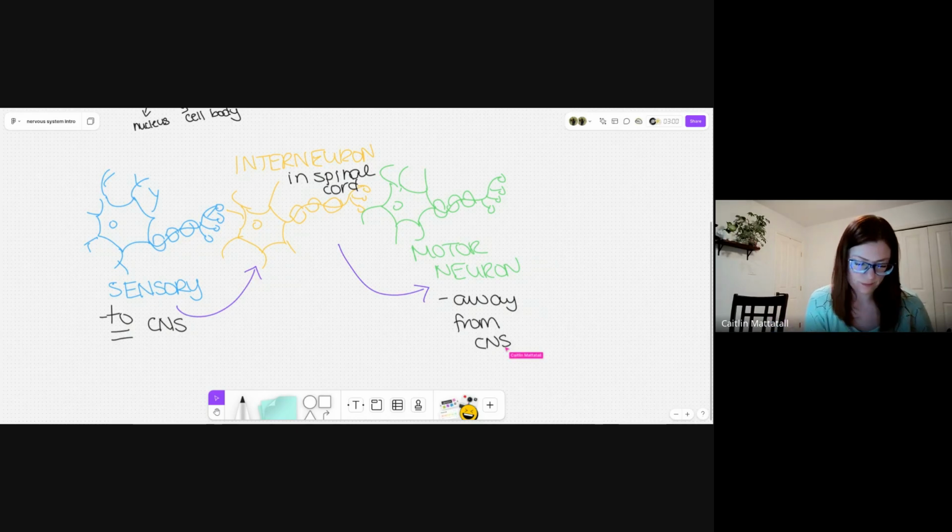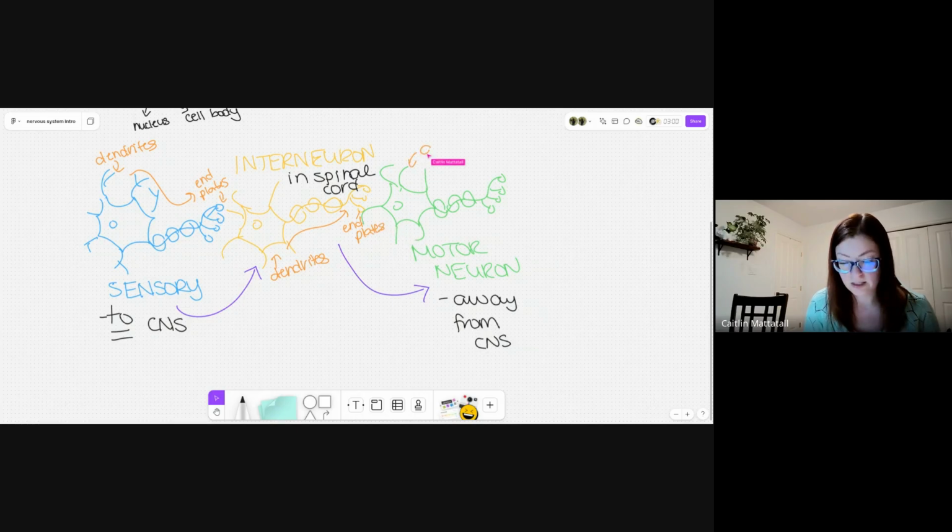Okay. And again, we have the dendrites here, and the information is traveling towards the end plates over here. And then from the end plates, it's going to jump to the dendrites of the next one. And that information is going to travel down towards the end plates.